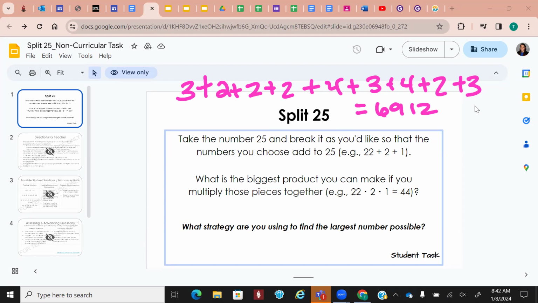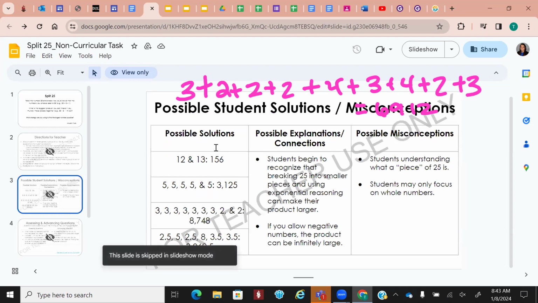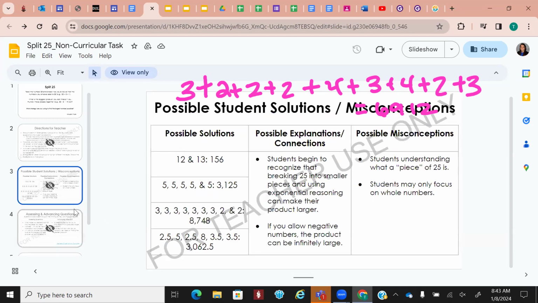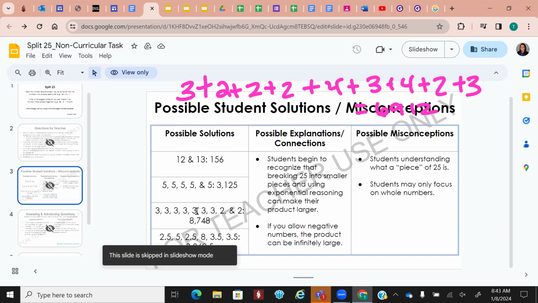Okay, bigger numbers don't always mean multiplication is going to be bigger too. You could have done numbers like 3, 3, 3, 3, 3, 3, 3, 2, 2. And that gave you 8,748. So you're on the right track. Right thought process, almost there though.